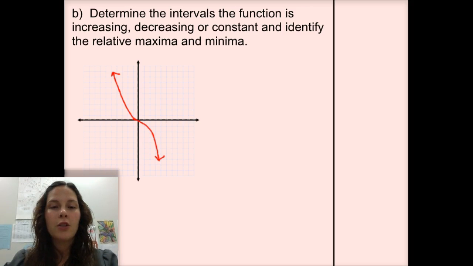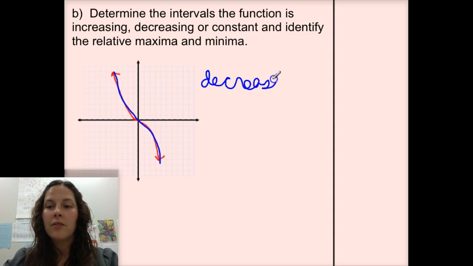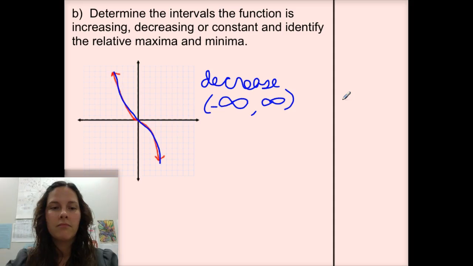So for this function, when we trace it from left to right, the entire time we trace it, our pen is going down. So our entire function is decreasing from -infinity to +infinity. Which also means we have no relative max or min on this function.